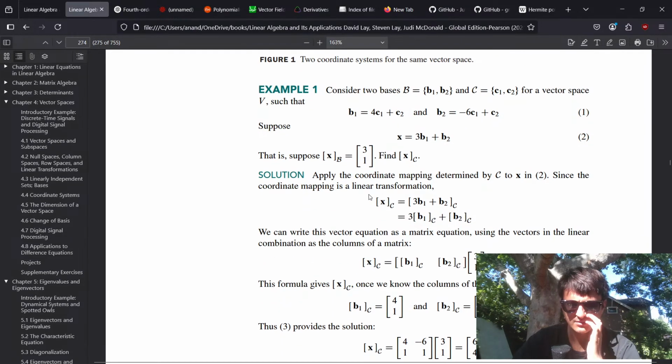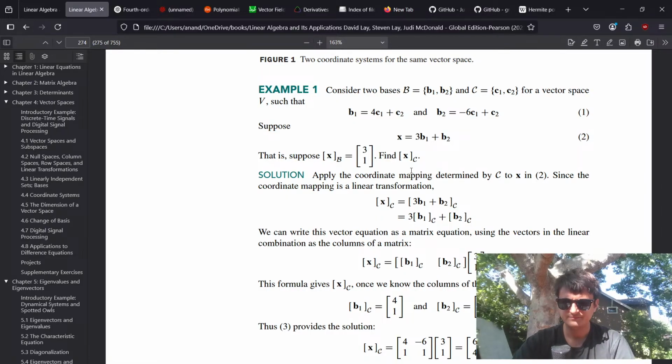Okay, the solution is to apply the coordinate mapping determined by C to x.